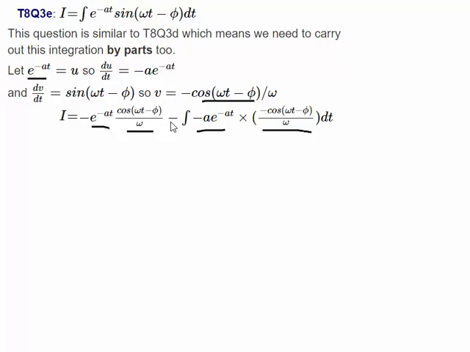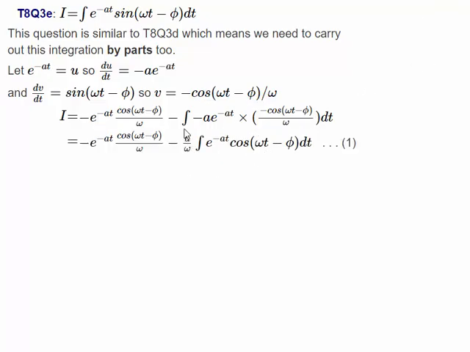In the second term we've got 1, 2, 3 negatives, so that ends up as negative. We've got a on the numerator and omega on the denominator, so we can take a and omega outside the integral sign, giving us a over omega times the integral of e to the minus at times the cosine of omega t minus phi dt. We'll call that equation 1.